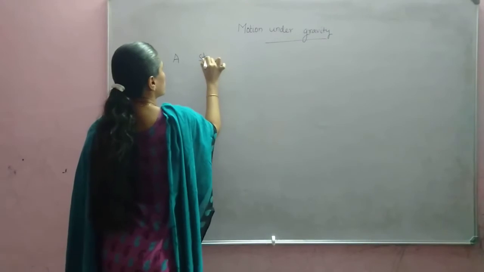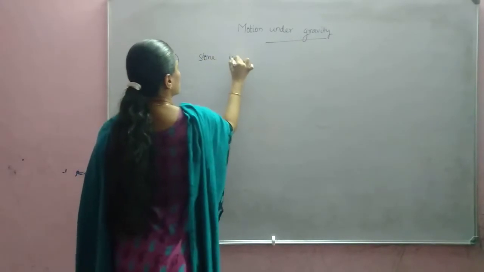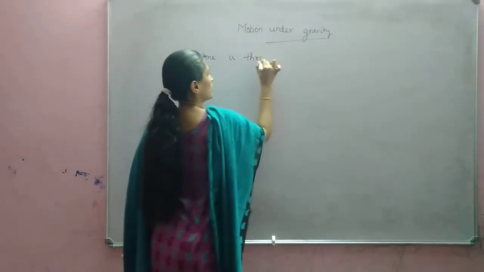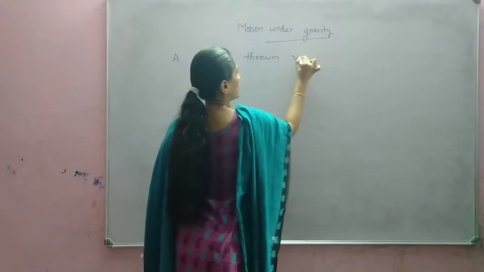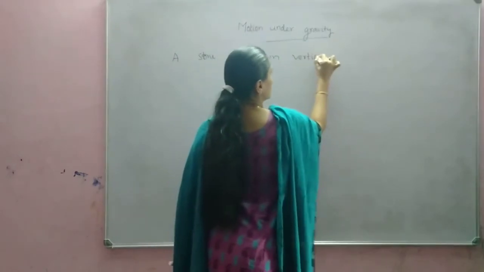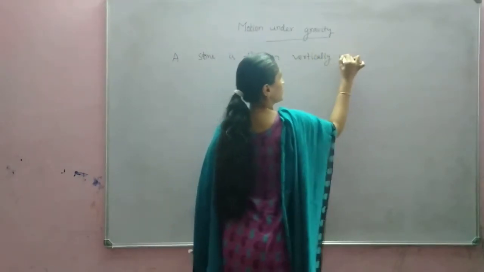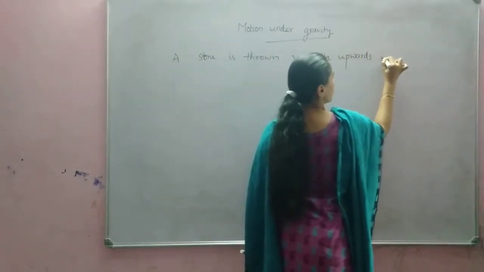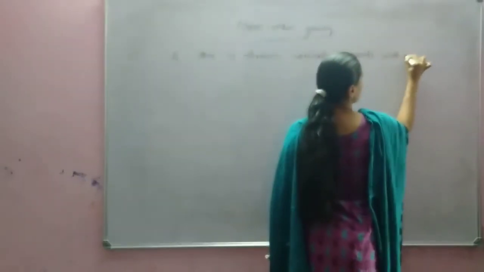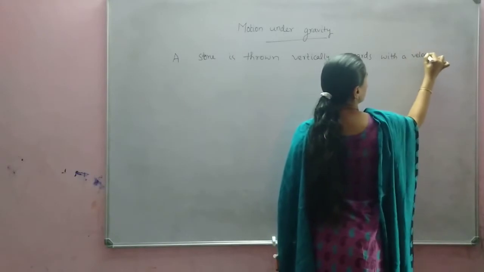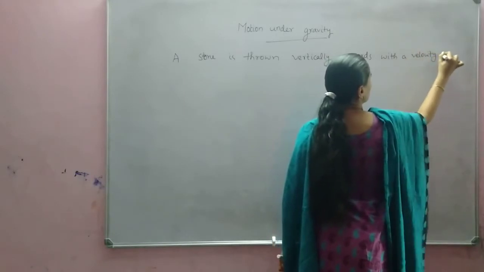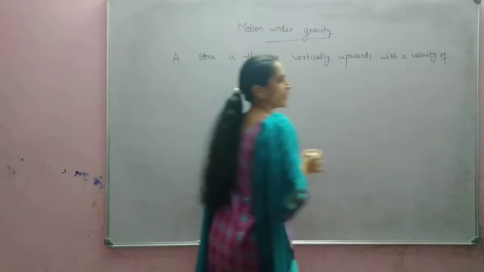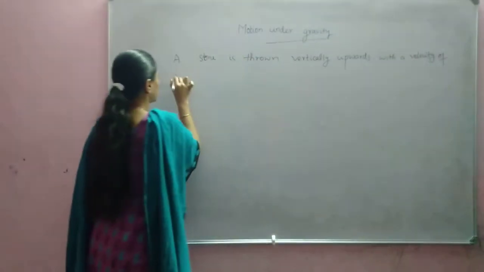A stone is thrown vertically upwards with a velocity of 4.9 meter per second.